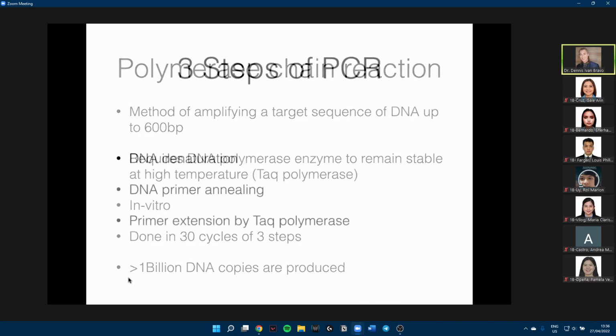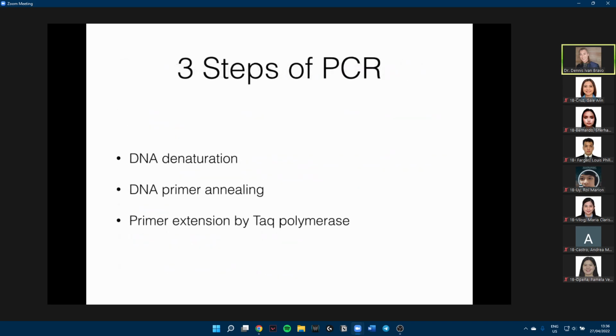So what are the 3 steps in PCR? DNA denaturation, DNA primer annealing, and primer extension by Taq polymerase. If it sounds familiar, it's because really what you're doing here is simulating the DNA replication process we have discussed last week.